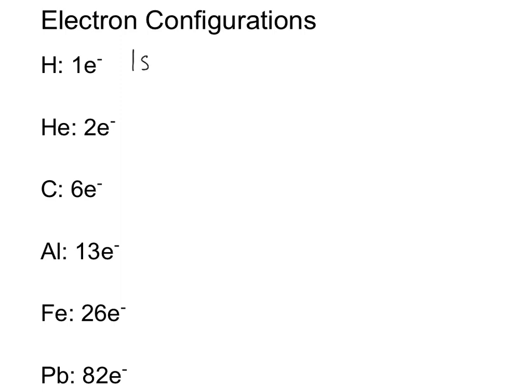We only have an s sublevel in that first Bohr shell, and we only have 1 electron for hydrogen. And so our electron configuration would simply read 1s1. Moving on to helium. Now we have 2 electrons. Again, we're going to start by filling our first Bohr shell. We have an s sublevel, but now we have a total of 2 electrons. So we have 1s2.